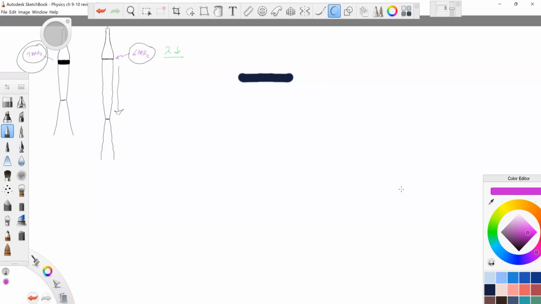So we'll see if I can do this. A pair of 6 megahertz probes are identical except for the active element diameters, which are 6 millimeters and 10 millimeters. Well, I'll tell you what, all I have to do is add a little bit of extra element out here. Okay, yeah, that doesn't look great.